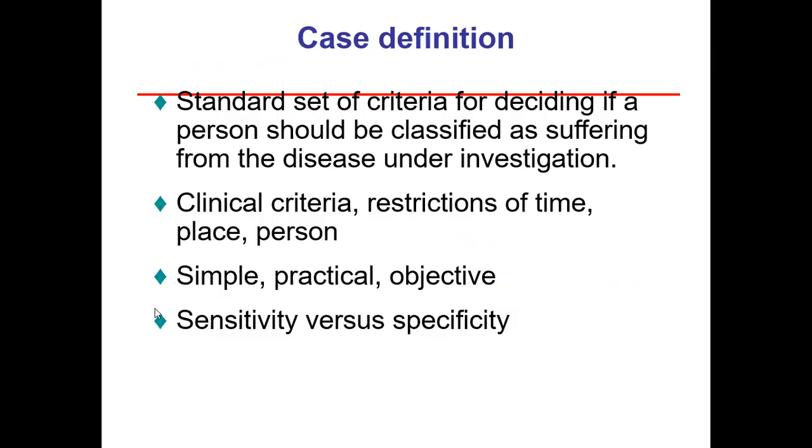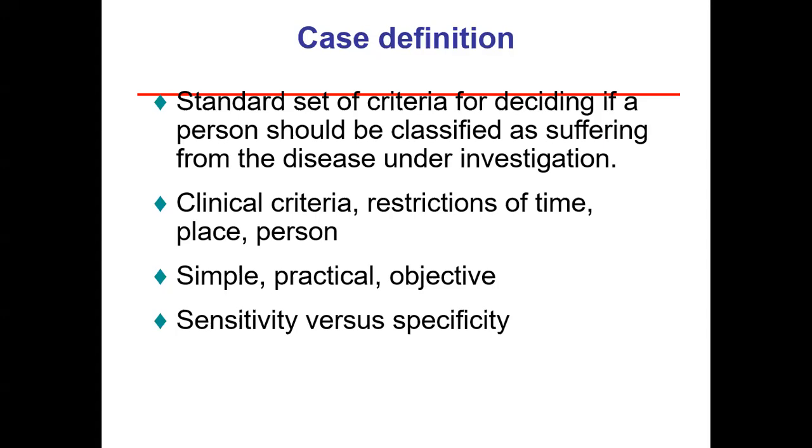So I've used the word case definition a couple of times. For you to know what is going on, you need to be able to identify cases of the disease. For example, you need to have a case definition.